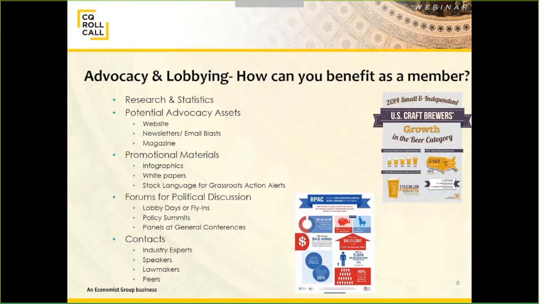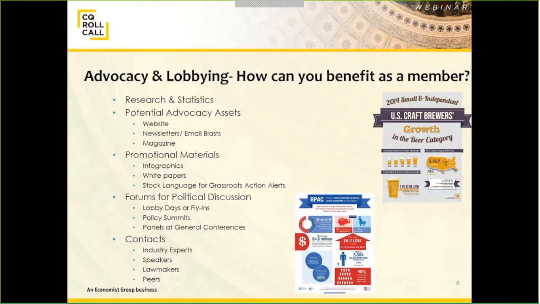Sometimes pieces like this will appear in Roll Call, Politico, The Hill, DC publications, but not only in the advertising sense, but this might be a leave-behind that a grassroots advocate would give to a member of Congress or staff. Some potential advocacy assets are obviously the website, newsletter, and email blast, the different action alerts, magazines.